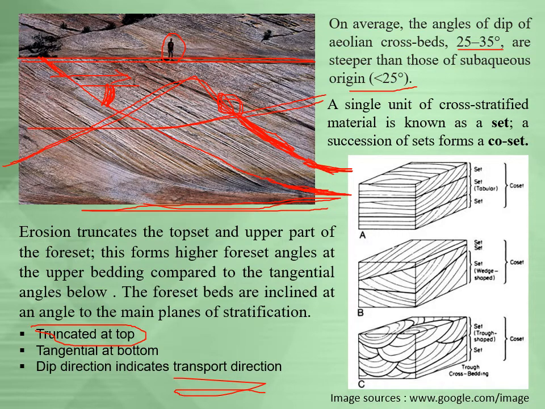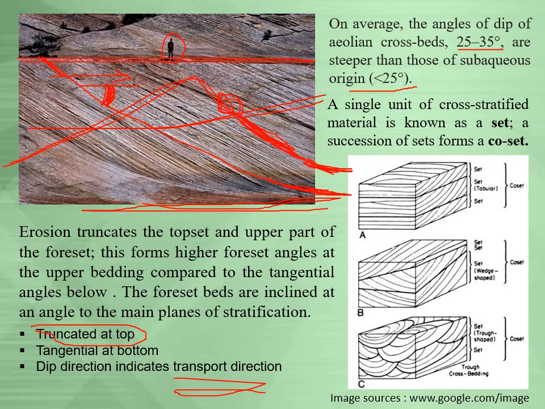So by measuring this inclination angle of the cross laminae with the horizontal surface, we can predict the environmental condition, whether it was formed in aeolian, wind driven conditions, or in aqueous, watery conditions.